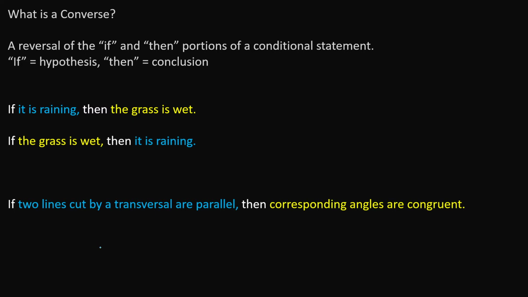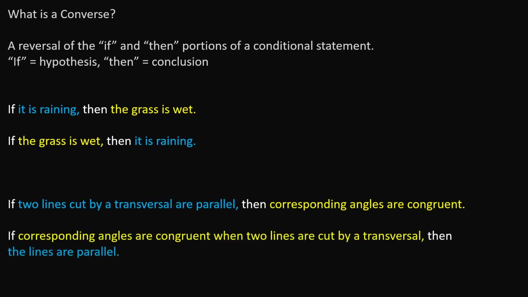So here's a postulate we learned about last time. It says, if two lines cut by a transversal are parallel, then corresponding angles are congruent. Now, if I take the converse of that statement, I'm going to have to rework it a little bit so it makes grammatical sense, but it would look something like this.